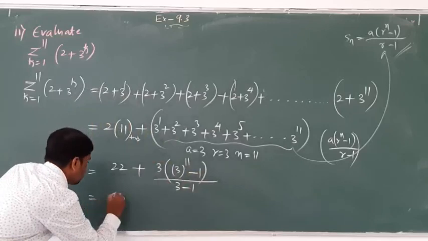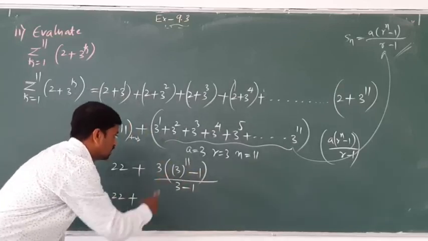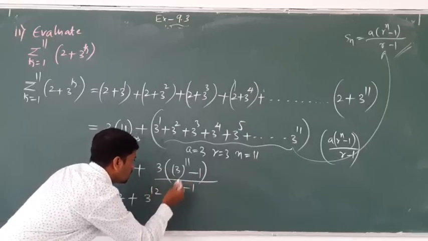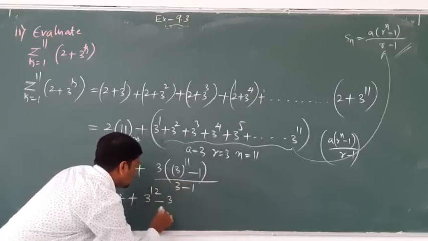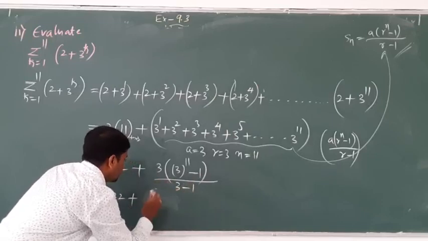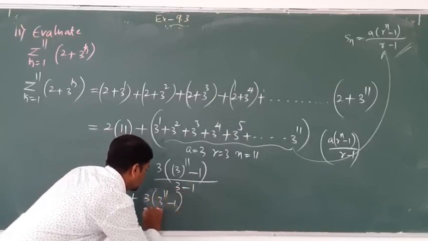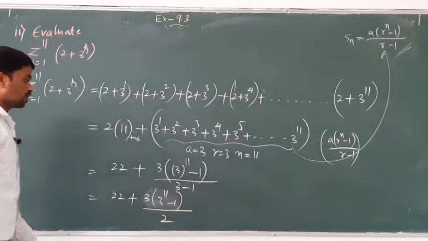Therefore 22 plus, multiplied, 3 power of 12 comes, minus 3, divided by 2, right. Common, first 3 into 3 power of 11 minus 1 divided by 2. What is the next step?